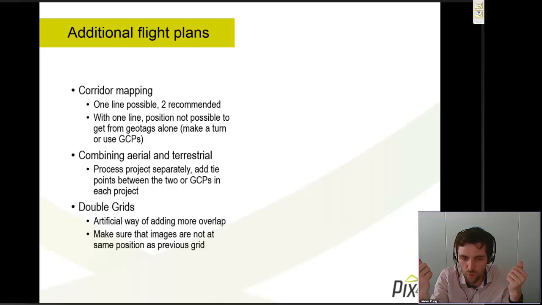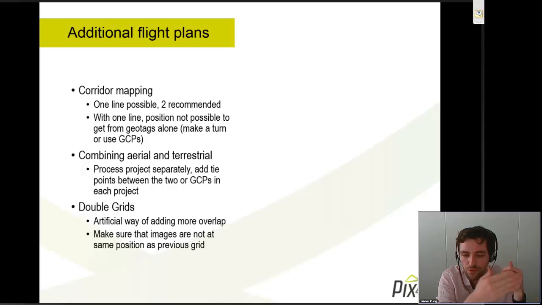This is an artificial way of adding more overlap, and it works pretty nicely. If you have the option between a single grid with more overlap or a double grid, we would recommend the single grid with more overlap. This will always give better results.